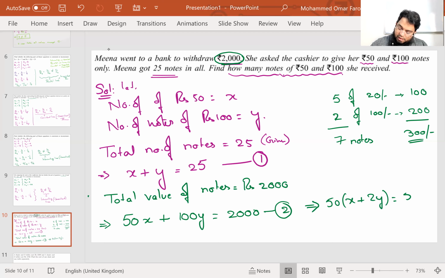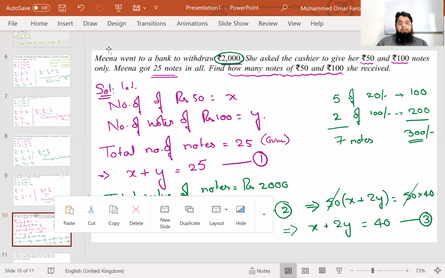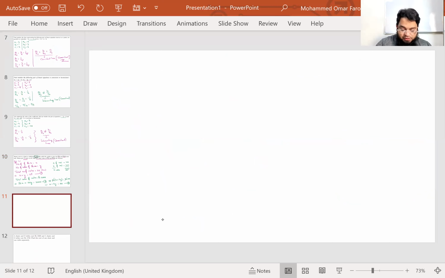Now let us solve these two equations using the elimination method. What is the first equation? x plus y equals 25. And the third equation? x plus 2y equals 40.